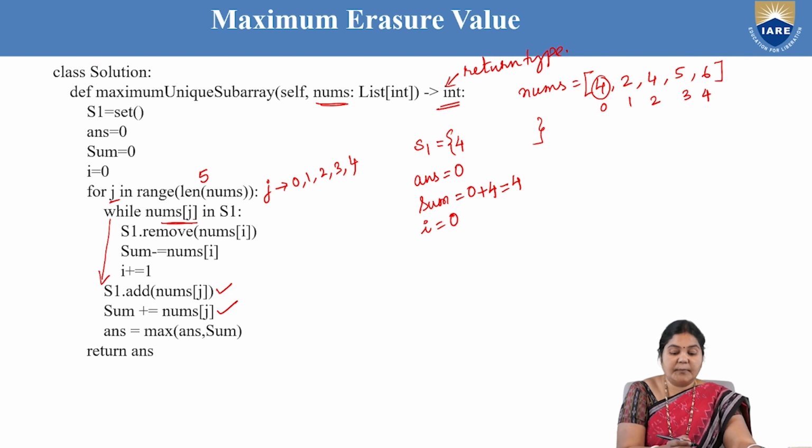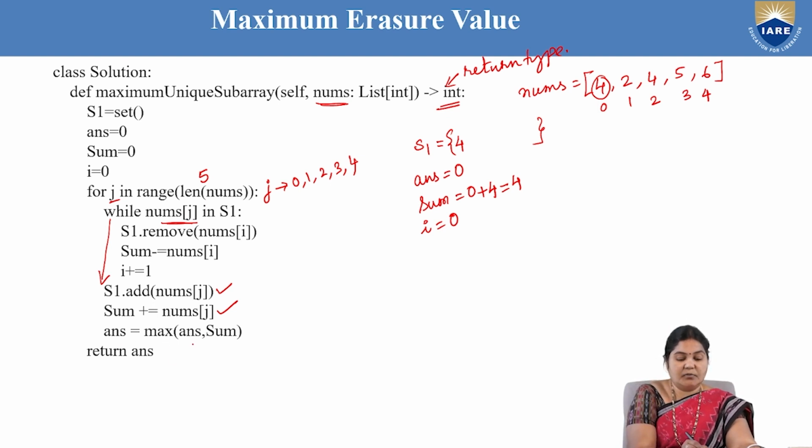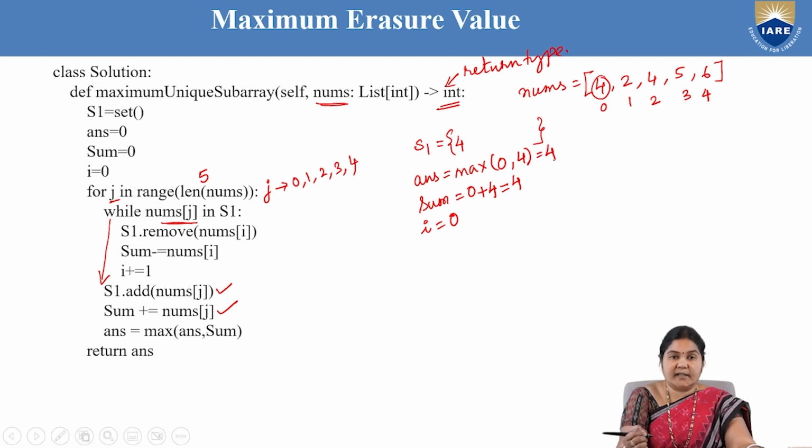Now you compare which is maximum. So answer is equal to max of answer, sum. If you check here, it is max of answer, initially 0, and sum, which is 4. So you will get 4. Right, first iteration is over.